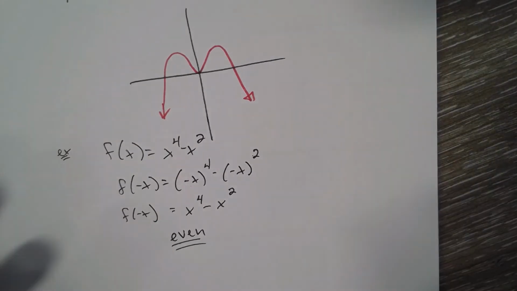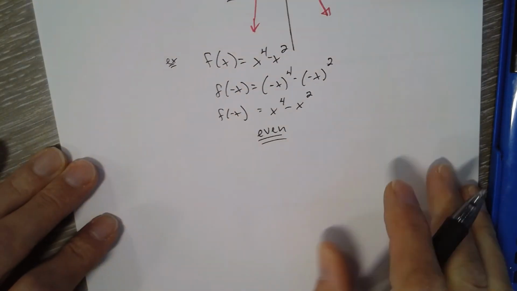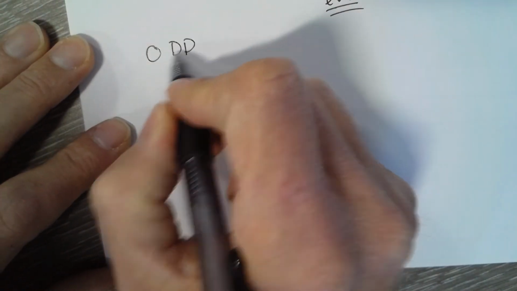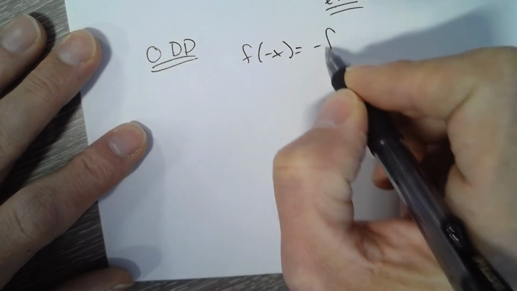So now on to odd. An odd function. The definition is f of negative x equals negative f of x.